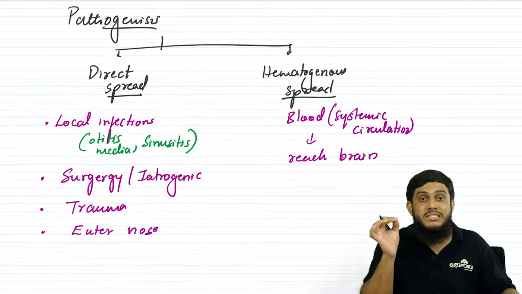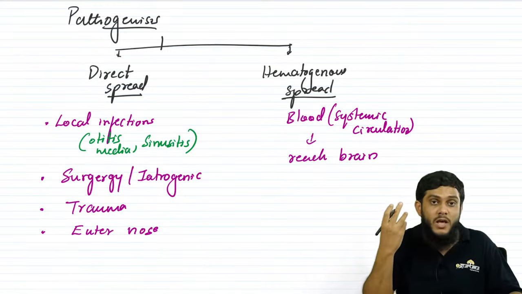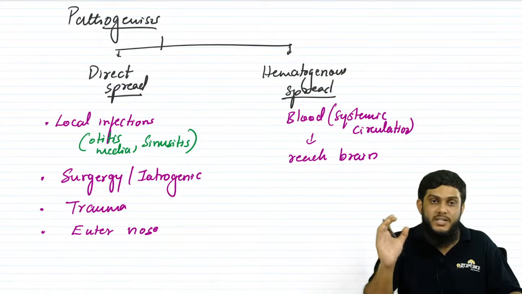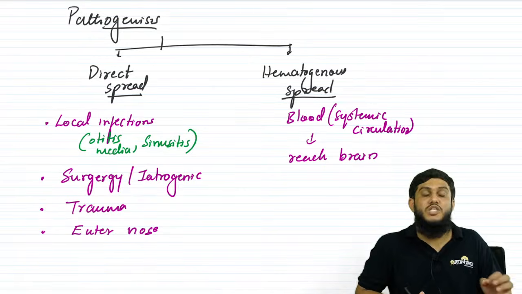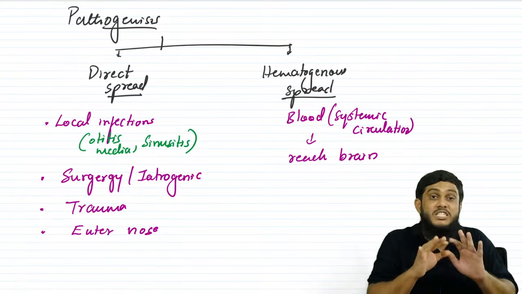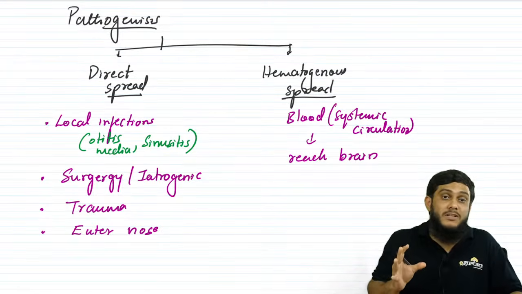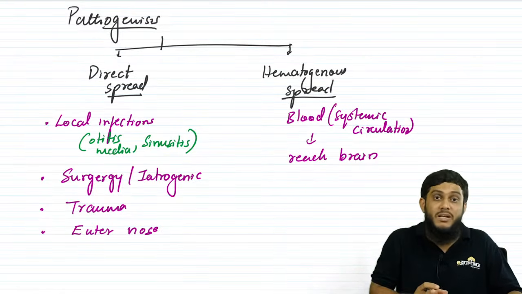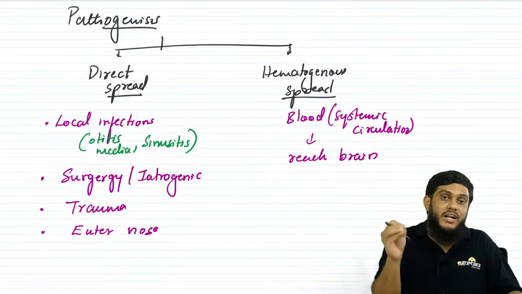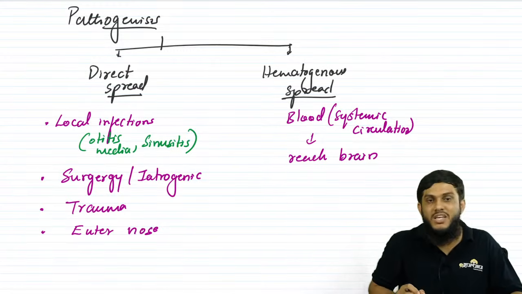When they reach the site, that is the brain or meninges, they cause inflammation, which finally will lead to meningitis. So this is about pathogenesis. We know what is bacterial meningitis, which are the bacteria which cause bacterial meningitis, and how these bacteria reach the brain and cause inflammation and meningitis.